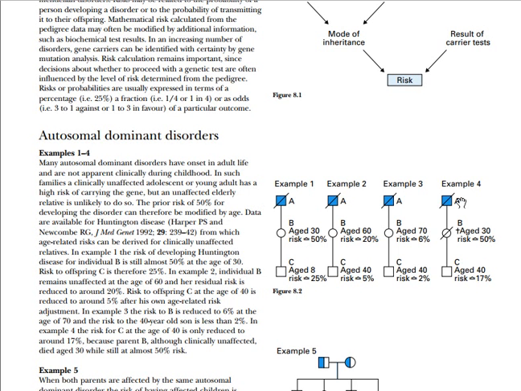From example 1 to example 4, we are talking about Huntington's disease, and Huntington's disease is a disease that is going to be expressed more in adulthood than in childhood and in adolescence.